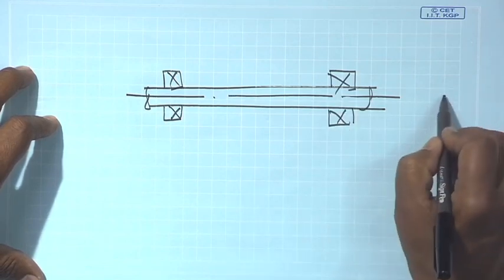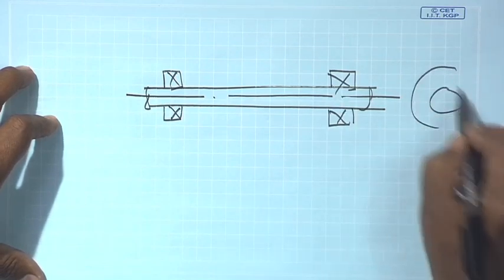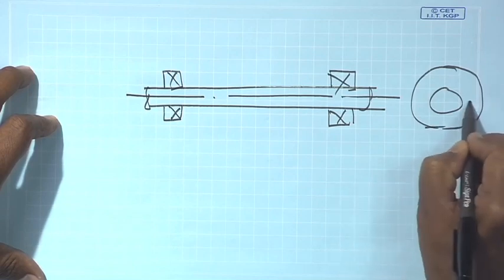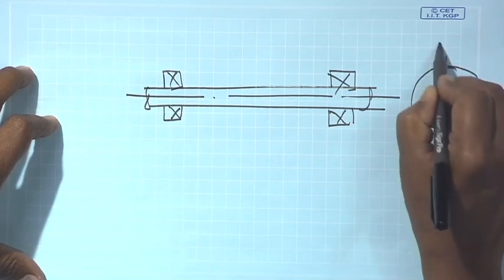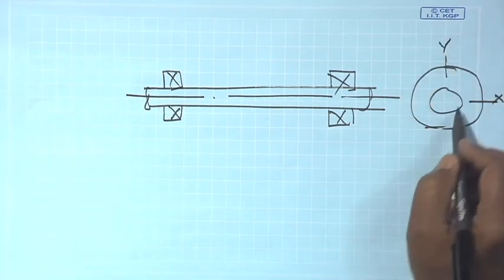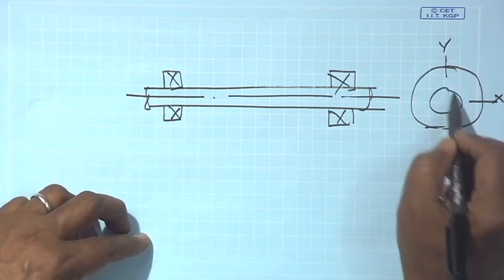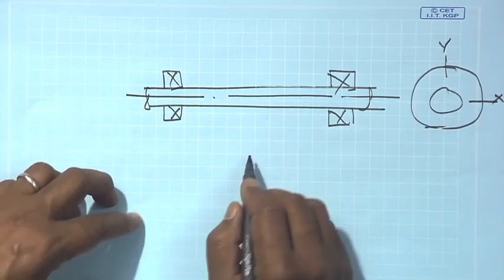And if I look at this end view here, if I measure x here with a transducer, y with a transducer, I can see if x and y are the same or different by just plotting the orbit plots.